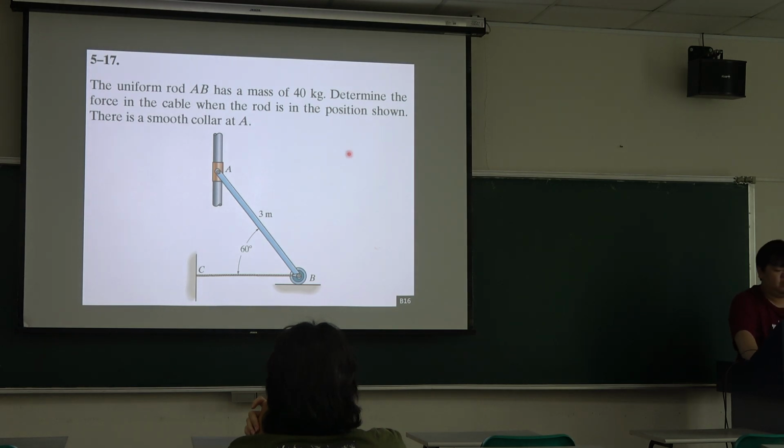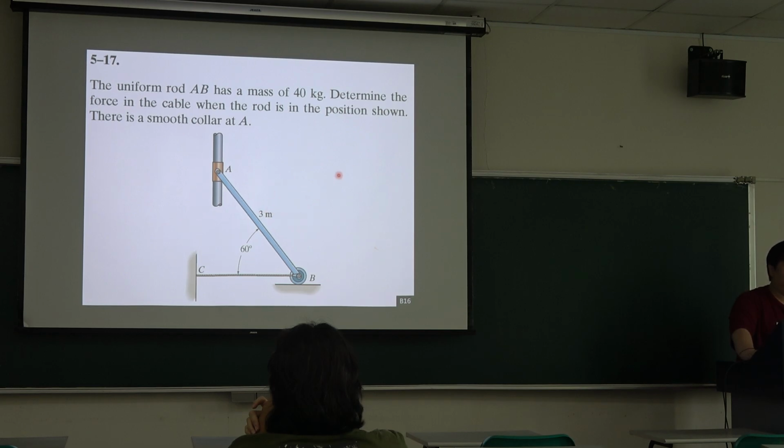Okay, so we just try to calculate the other example. The uniform load AB has a mass of 40 kilogram. Determine the force in the cable when the rod is in the position shown like this.